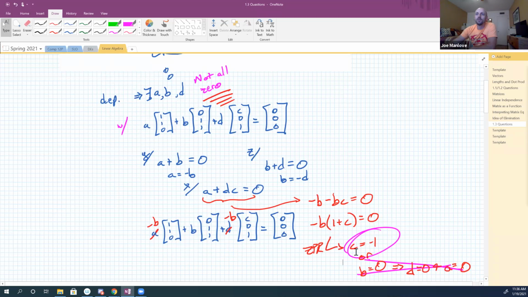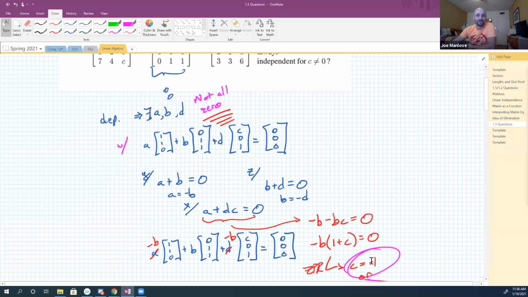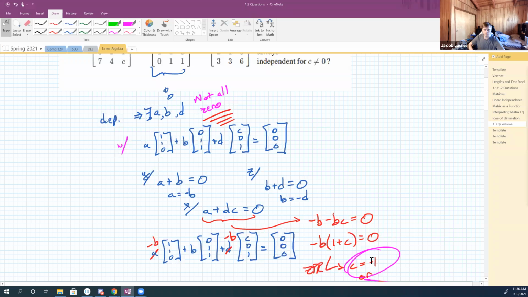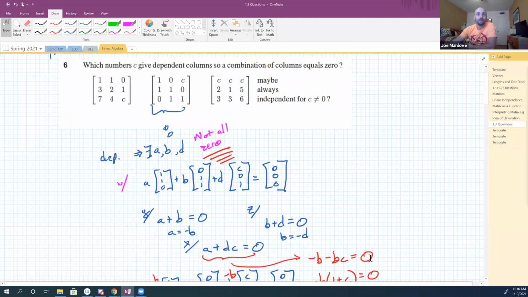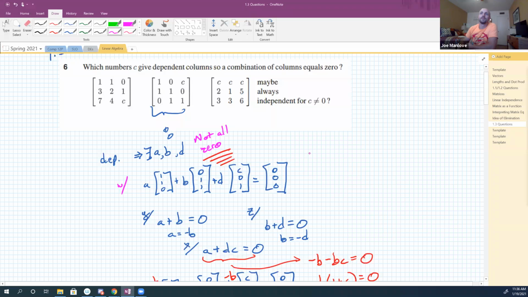In the end I found C is -1. That doesn't tell me anything about A, B, and D, which is kind of the beauty of this. I could go find them. Since D is negative B and C is negative 1, that would come out positive, but A is also negative B, so it cancels. So essentially the three vectors I'm looking at are 1, 1, 0.